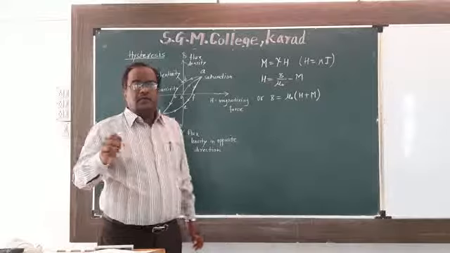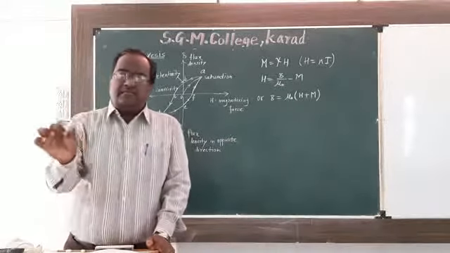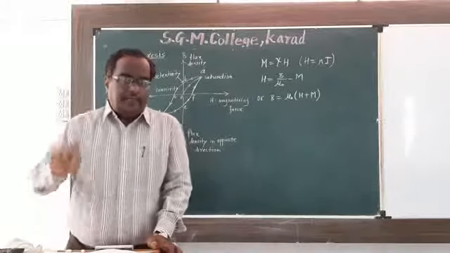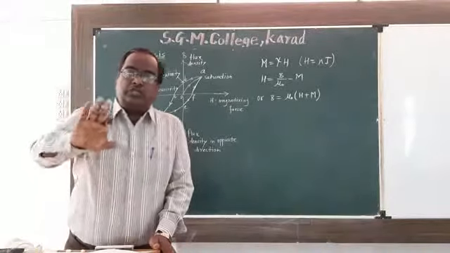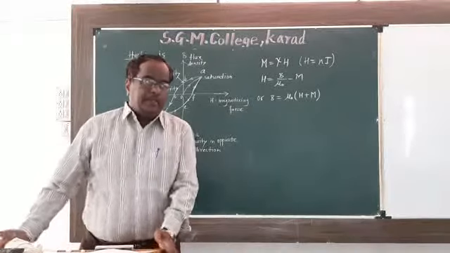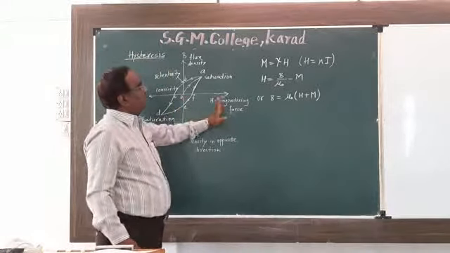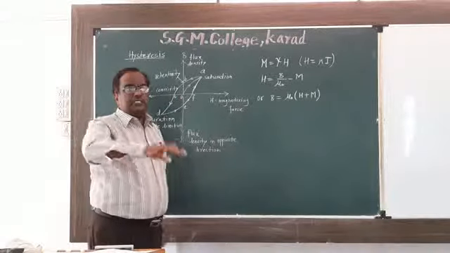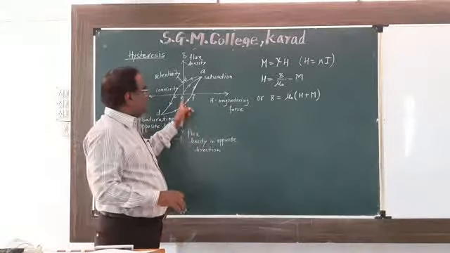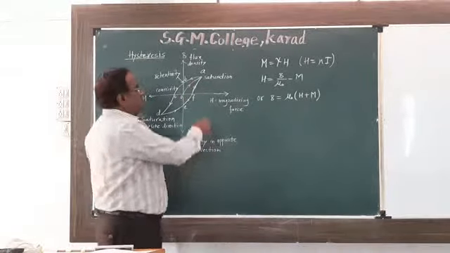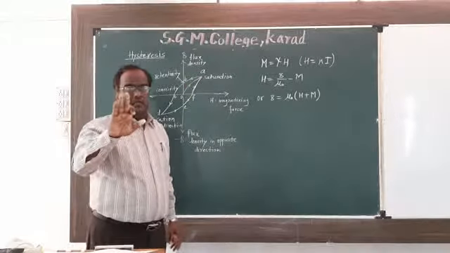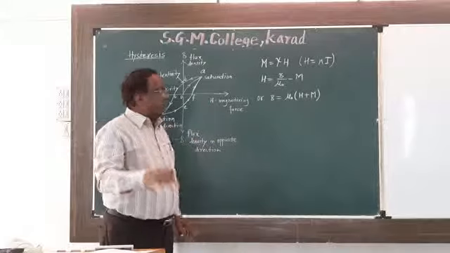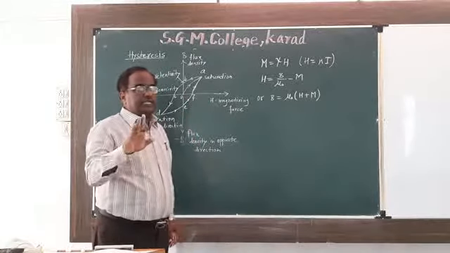If this unmagnetized ferromagnetic substance is kept at the core of the solenoid and current is passed through the solenoid, and if we increase the magnetic intensity H, flux density also increases and reaches point A. But remember, this increase is non-linear.